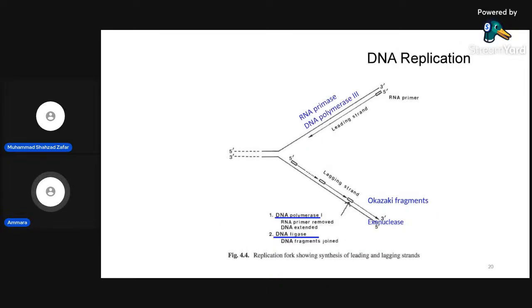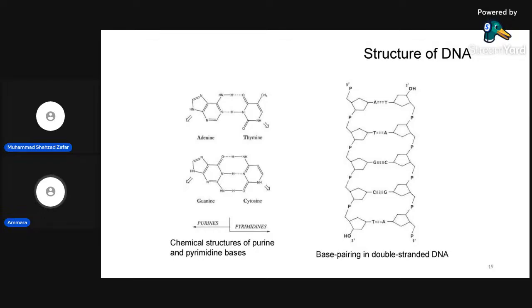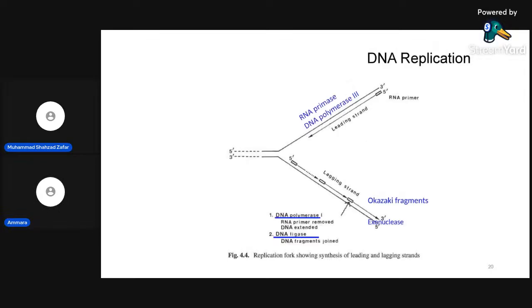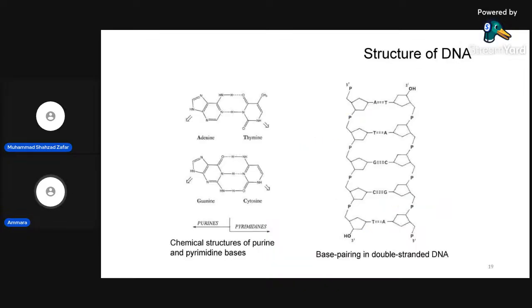And the phosphate group is attached on the fifth carbon of the pentose sugar. And the two strands are joined through hydrogen bonding. So basically hydrogen bonds are involved between the bases of the two DNA strands. And as we discussed, four types of bases are involved in the formation of DNA structure: A, T, G, C. Adenine will always pair with thymine, and thymine will always hydrogen bond with adenine.